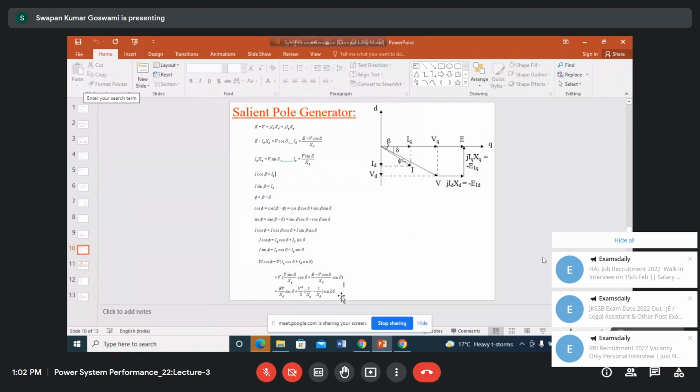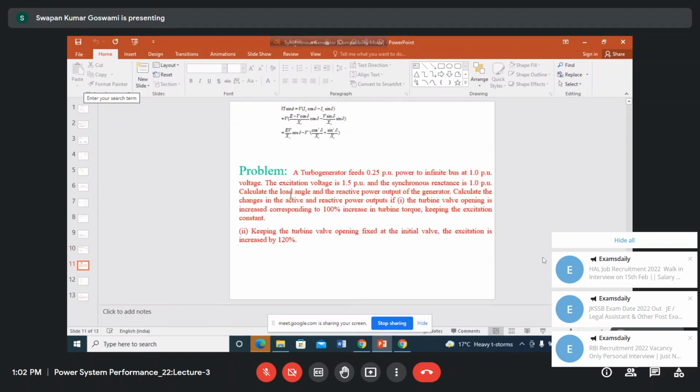For varying delta, you have to change the input power to the turbine, and for frequency control, obviously active power has to be changed. What about reactive power? If you find out the expression for V I sin phi, you see that it is also very similar.